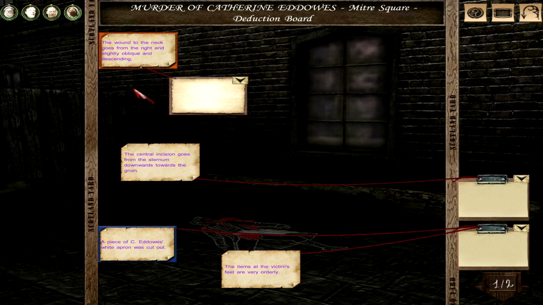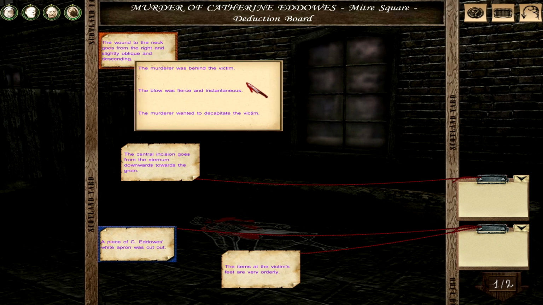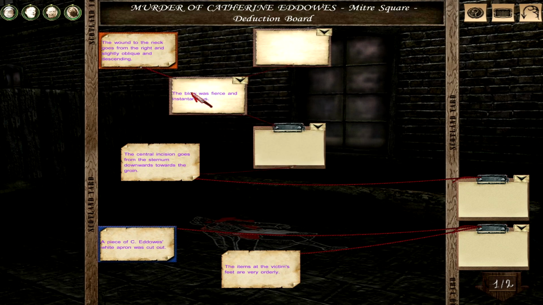Right. Oh god. This is a wound in the neck. This is the same as the other one. From the right, slightly oblique and descending, so we know that it was a fierce and instantaneous quick slash.